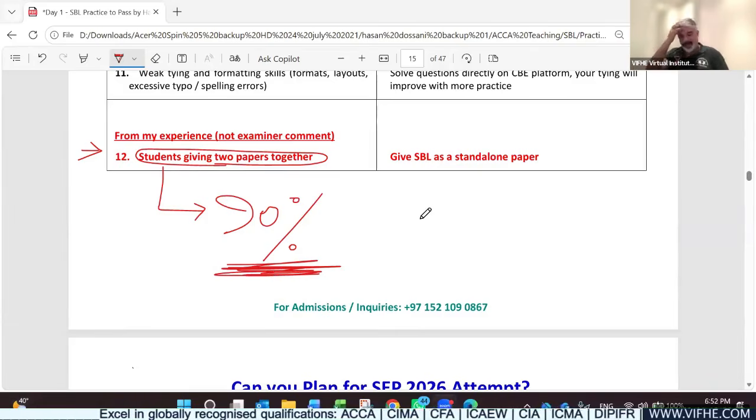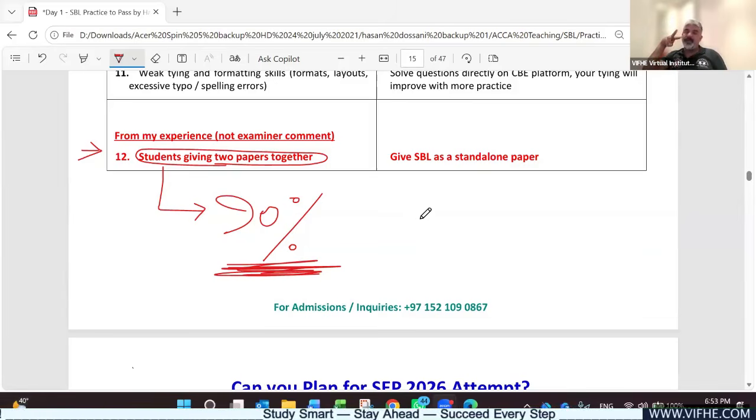Why do they fail? Because SBL is a very different paper. It's not like SBR or AAA or any APN. 50% is common sense. So the SBL techniques and SBL mindset are very different from your other papers.